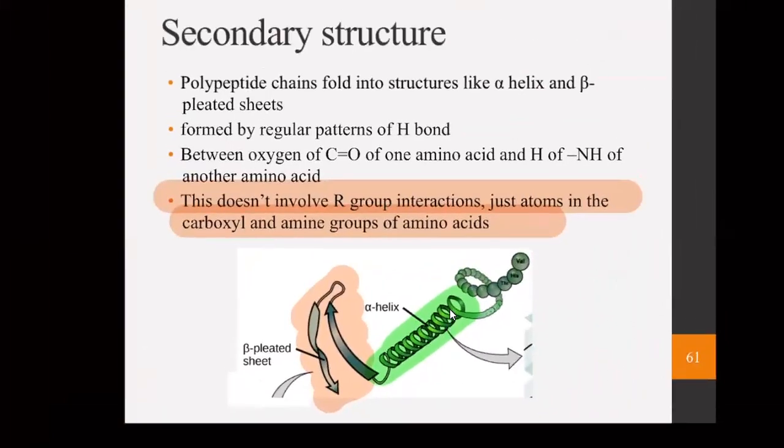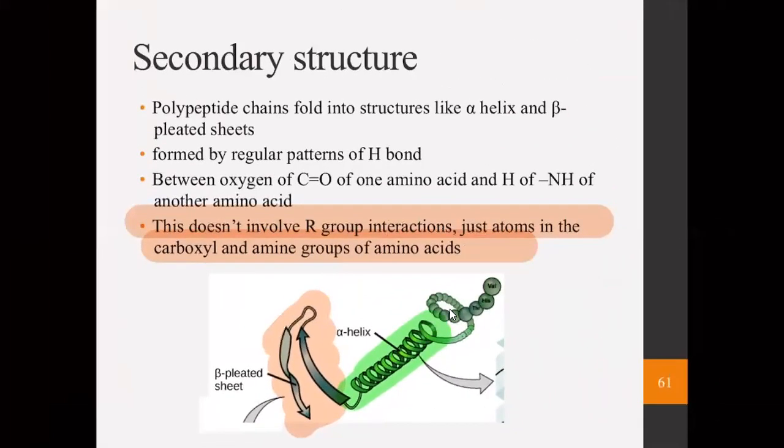Whenever a group of amino acids fold because of the presence of a regular pattern of hydrogen bonds, we now say that this protein has adopted a secondary structure. Every protein has a primary structure, but it is very natural for a protein with a primary structure to fold into a secondary structure.